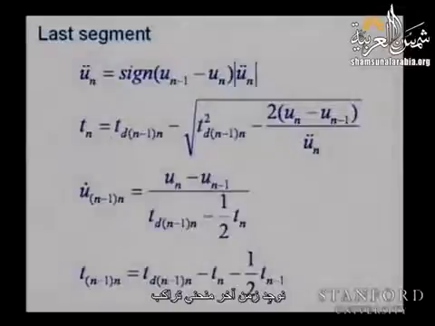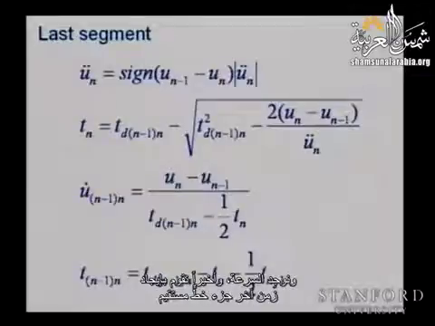similarly to the first one, we find the actual acceleration, the signed acceleration. We find the time for the last blend. We find the velocity. And finally, we find the time for the last straight line segment. Okay?